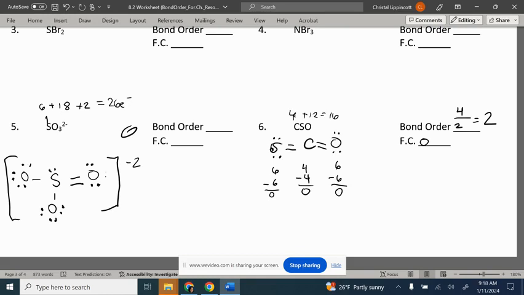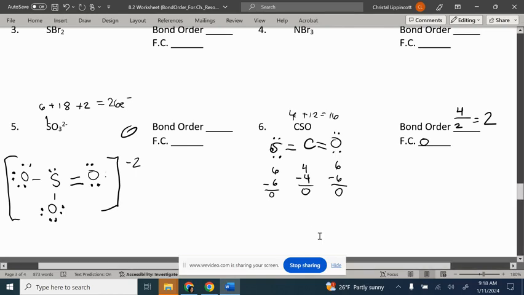When we talk in terms of an expanded octet, anything that is silicon and higher can expand its octet, which means it can allow in more electrons than 8.